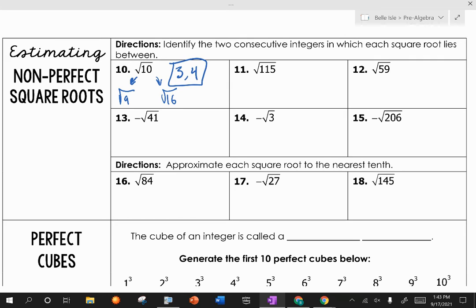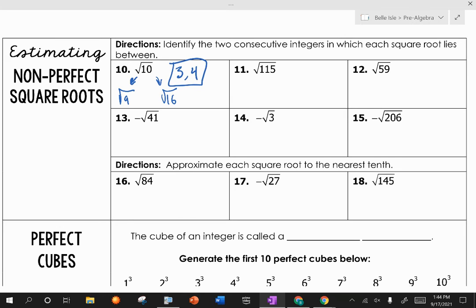How do you highlight classic? You just scroll down to it and click on it, like hit enter. And then how do we go back? Second and mode. Okay? So once you type in the square root of 10, that'll give you 3.1 whatever. So the two whole numbers that it's in between are 3 and 4.